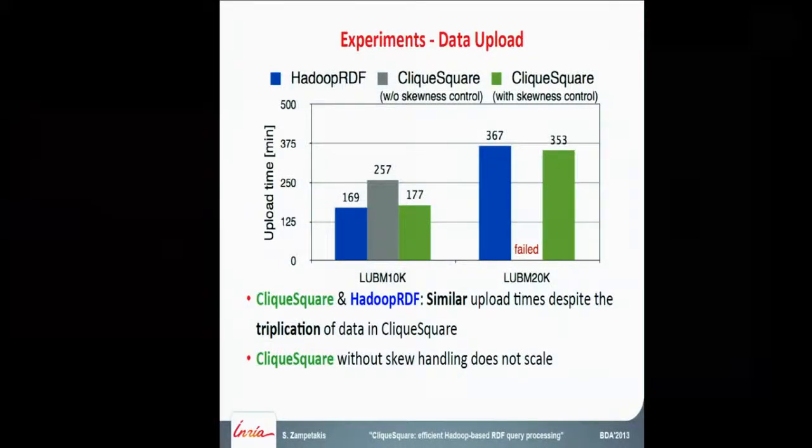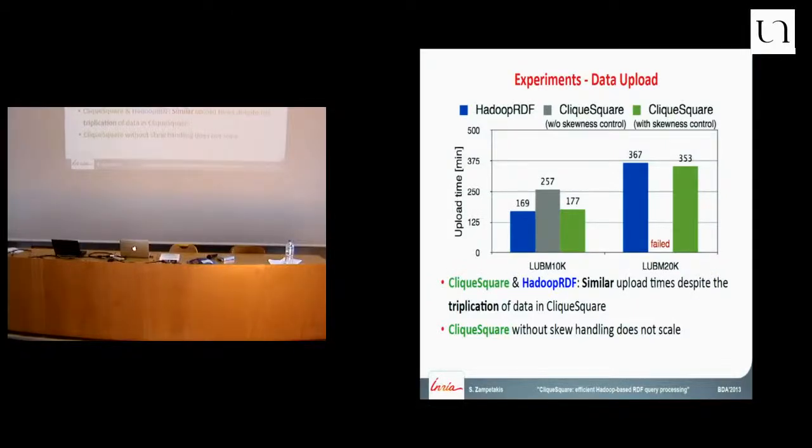The first graph shows the experiments about how costly the data upload to the Hadoop file system is. We have Hadoop RDF in blue, ClickSquare without skew handling in gray, and ClickSquare, which also handles skew, in green.